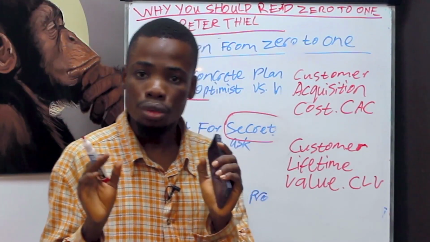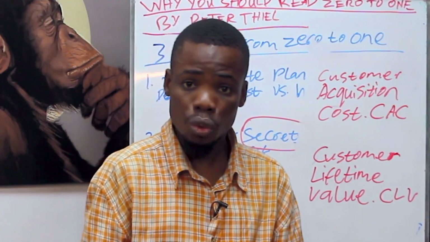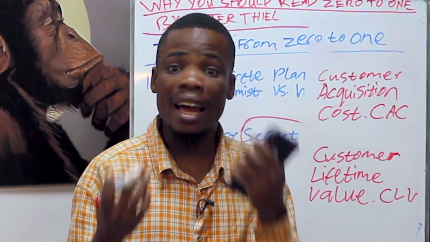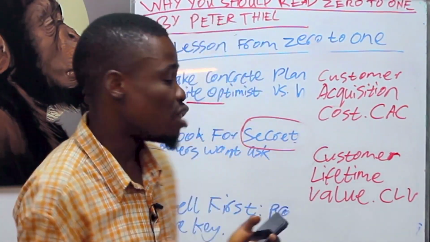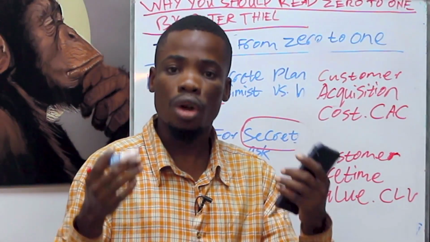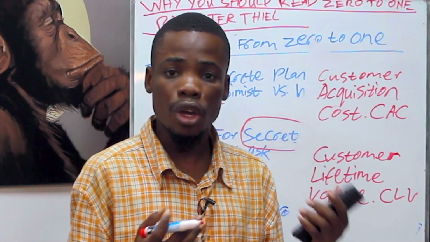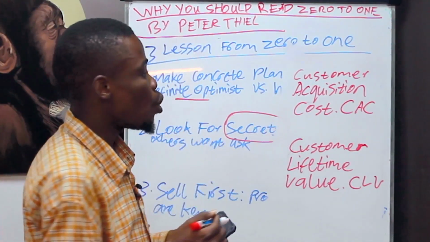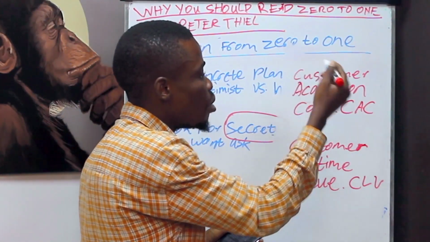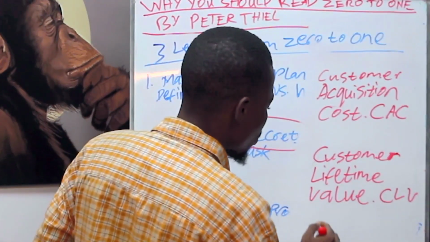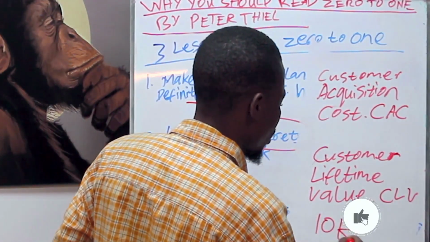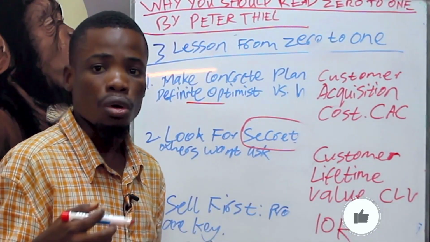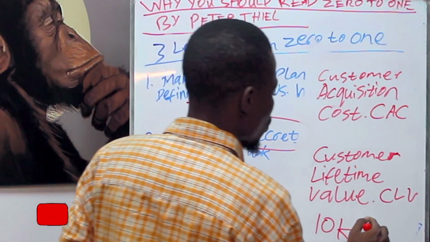So let me use a more relatable example for small businesses. Let's say you own a makeup salon or a barbing salon and you run Facebook or Instagram ads, and then you have someone walking into your salon. Let's say you spend 10K on ads, for instance, and your haircut or hairdo costs just 1K.